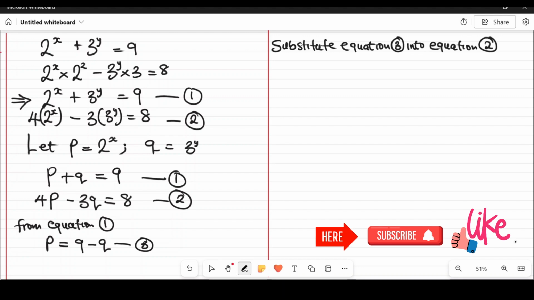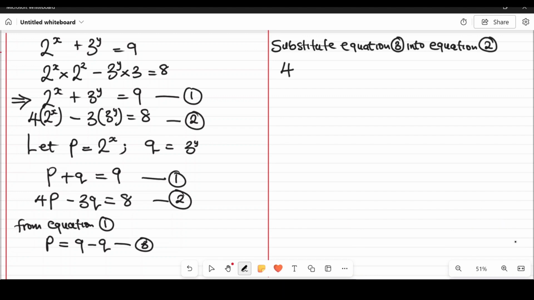So our equation now becomes 4(9 - q) - 3q = 8. Now, first of all, we expand our bracket. So 9 times 4 is 36, minus 4 times q is minus 4q, minus 3q equals 8.